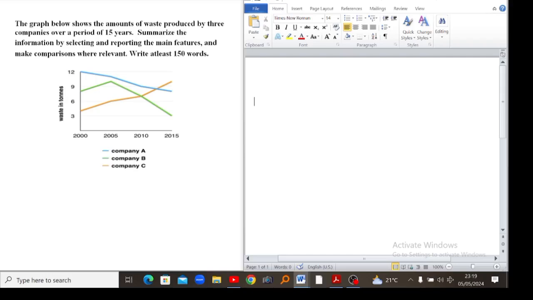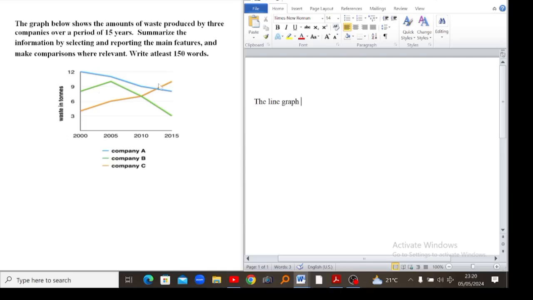So here we shall write, obviously this is a line graph, so we could say the line graph. Here they say it shows the amounts of waste produced by 3 companies over a period of 15 years.